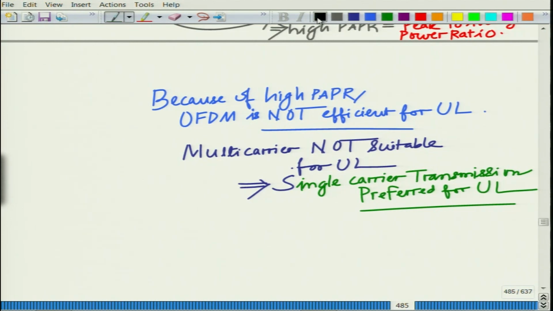But we would like to retain the frequency division multiple access structure that is there in OFDM plus FDMA, without the multi-carrier transmission. So, single carrier plus frequency division multiple access, how is that possible? The procedure is as follows.